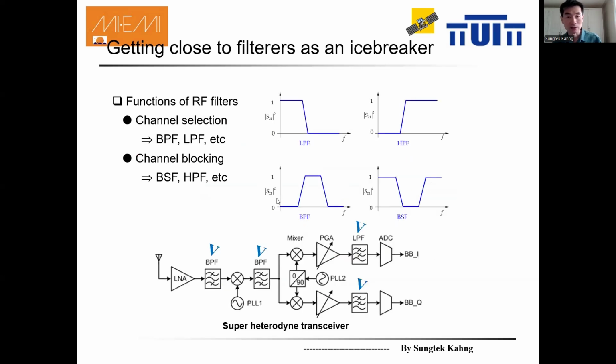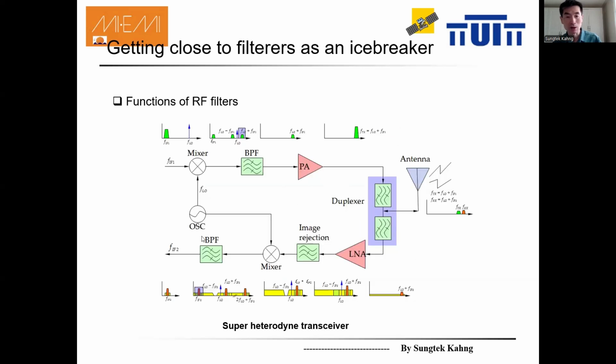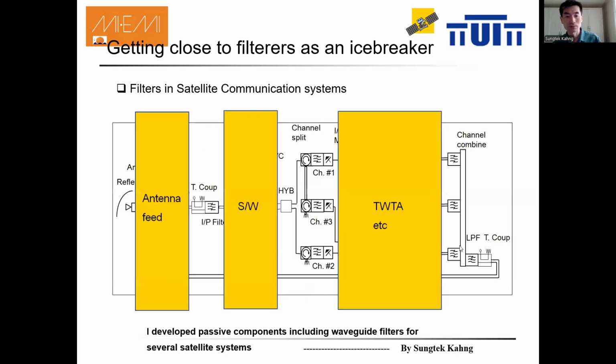As was mentioned with this block diagram, you see the positions and the relationships with their neighbors of the bandpass filters. I developed, when I was working for a state-run research institute in Korea, transponders for two satellites. These satellites are working well in space now. They bridge the gap between the ground via space to another part of the ground.